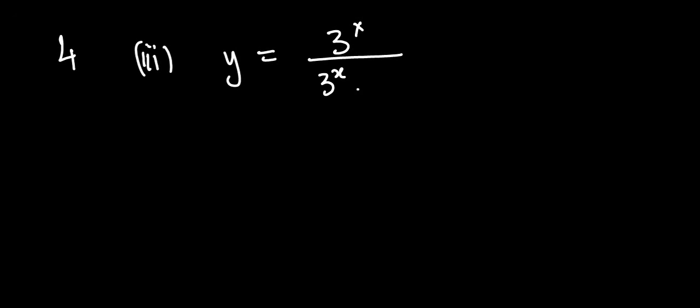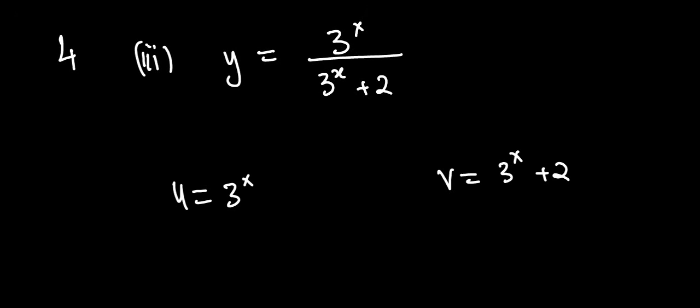Question 4, number 3. This is y is equal to 3^x over 3^x plus 2. So the u is the 3^x, then the v is the 3^x plus 2. When we differentiate this, we get 3^x ln 3. Remember the rule for this.